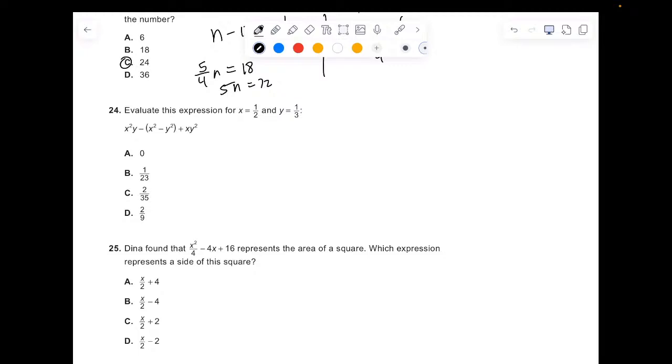Evaluate this expression for x equals 1 over 2 and y equals 1 over 3. Okay, finally something I can do normally. 1/4 times 1/3 minus 1/4 minus 1/9 plus 1/2.